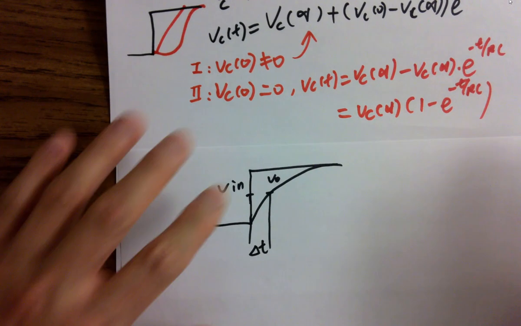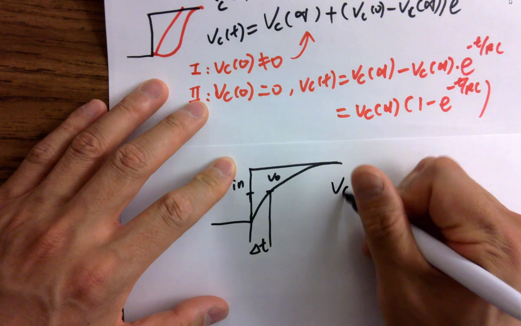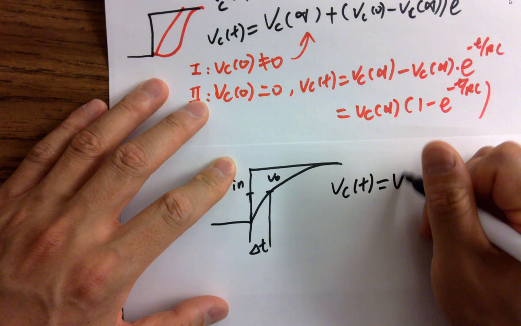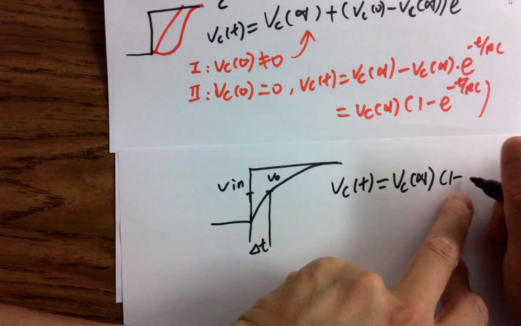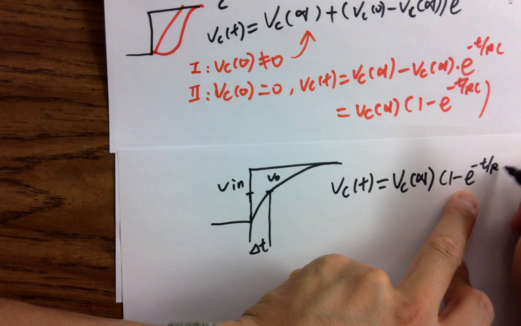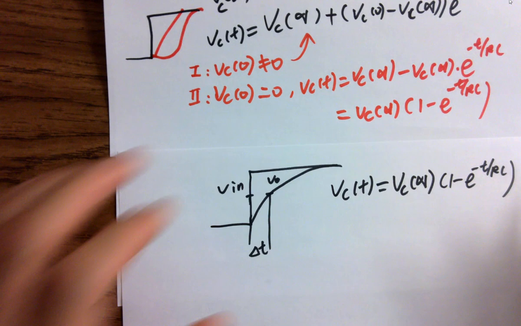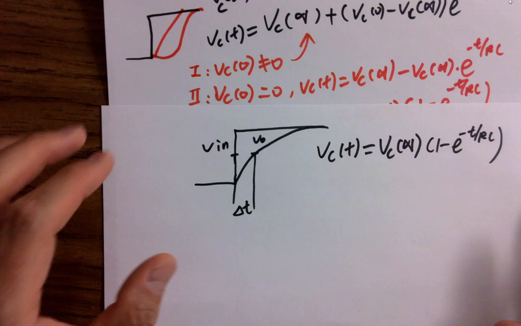Okay. So now we have this equation. VC(t) equals VC infinite times 1 minus e to the minus t over RC. This will be on the quiz, right? Not this part, but the conclusion. Just pay attention to this.